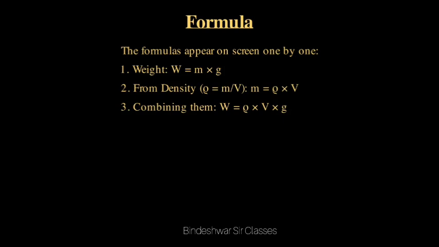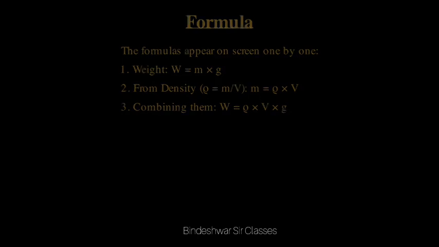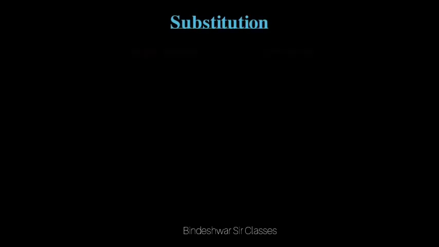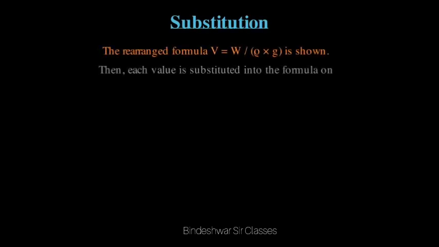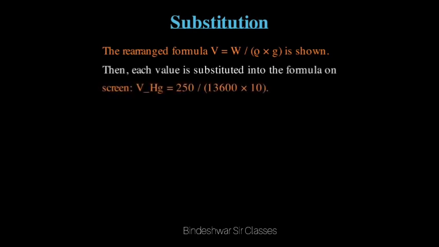By substituting the expression for mass into the weight equation, we get our main formula, weight W equals density, ρ, times volume, v, times acceleration due to gravity, g. We want to find the volume of the mercury, so let's rearrange our formula to solve for v. By dividing both sides by ρ times g, we get that volume, v, equals weight, W, divided by the product of density, ρ, and gravity, g.